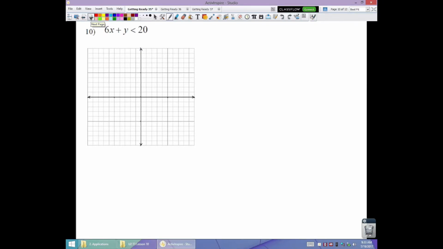Number 10, another single inequality. Start by solving for y. So subtract 6x on both sides. I'm left with y is less than negative 6x plus 20.